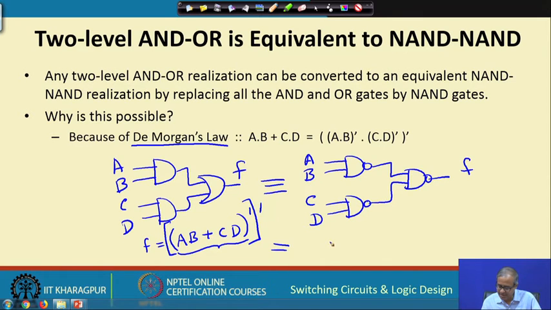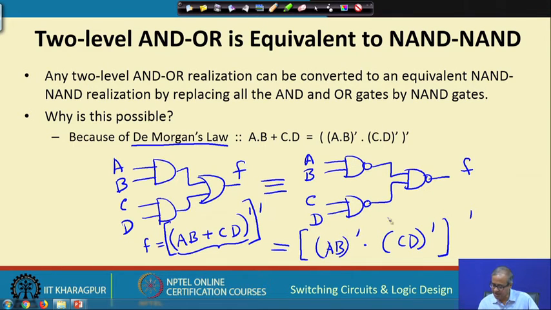This something will be not, plus will become AND, this something will become not, and then the whole thing I have bar. See, A B bar is nothing but NAND of A B, C D bar is nothing but NAND of C D, and something and something bar is nothing but NAND of that something and something. So, straight away these two are equivalent.